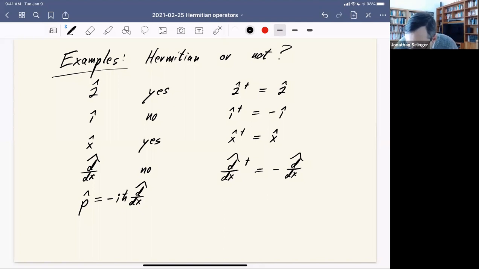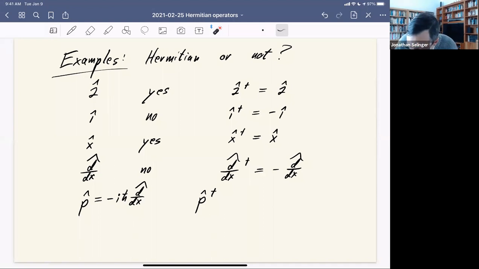Let's figure out the Hermitian conjugate of that, p dagger. When we have a combination like this, we want to take the Hermitian conjugate of each thing and reverse the order.